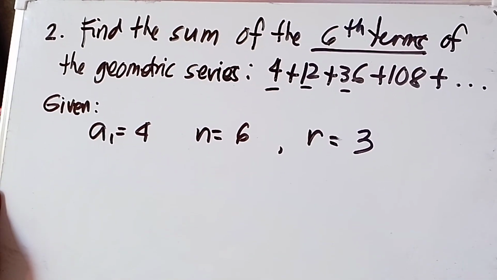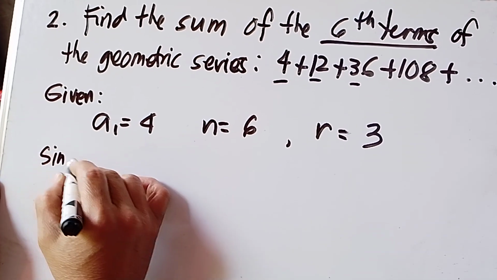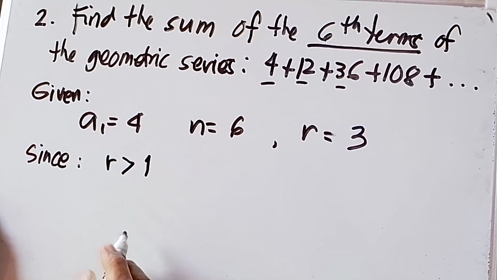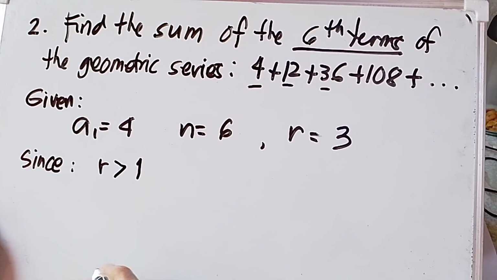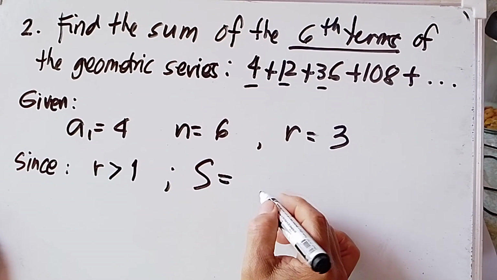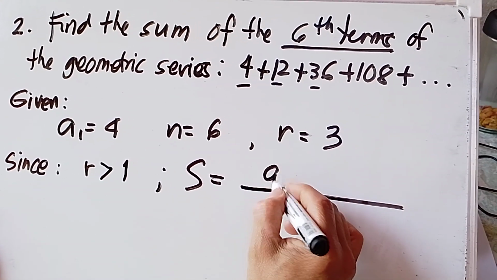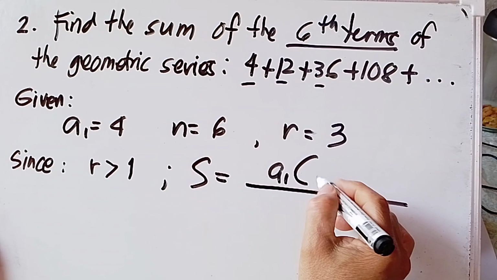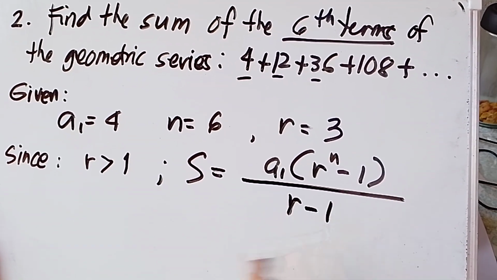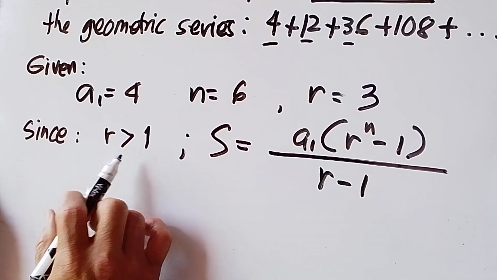So since R, or common ratio, is greater than 1, we need to use this formula: A1 times R to the n minus 1 all over R minus 1, because our common ratio is greater than 1.